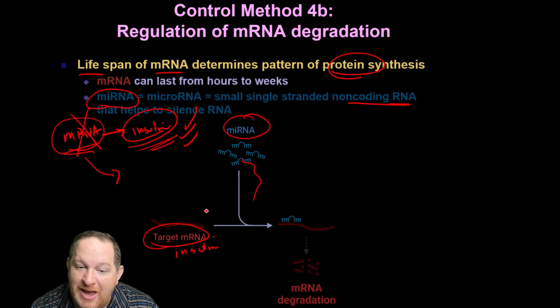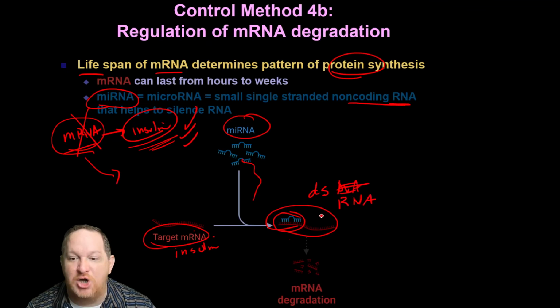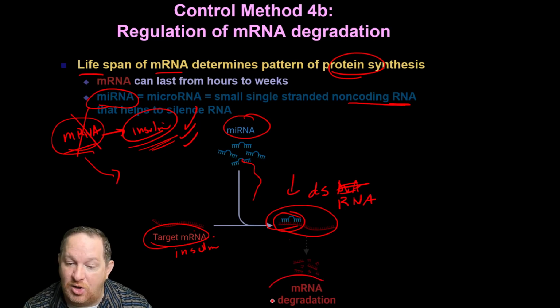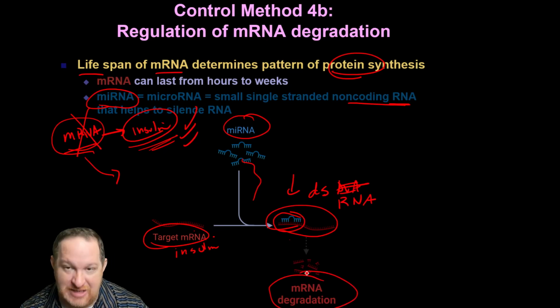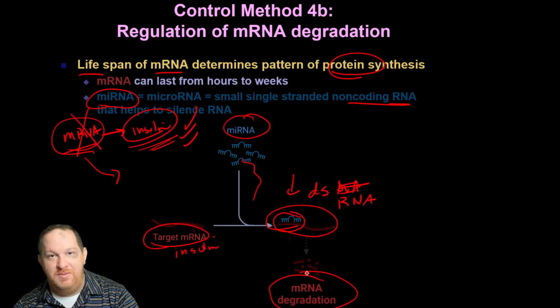That miRNA binds to the target mRNA, and now I have double-stranded RNA. That's not good. The body does not like double-stranded RNA, and it will signal for some things to happen, including messenger RNA degradation. Okay? All right, so we've made it through messenger RNA.